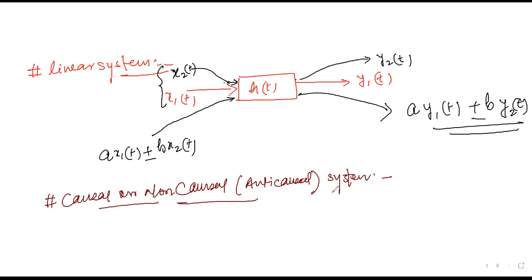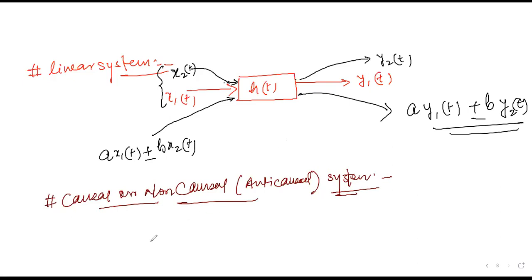Causal or non-causal system. See, the system is said to be causal if it does not depend on future values.